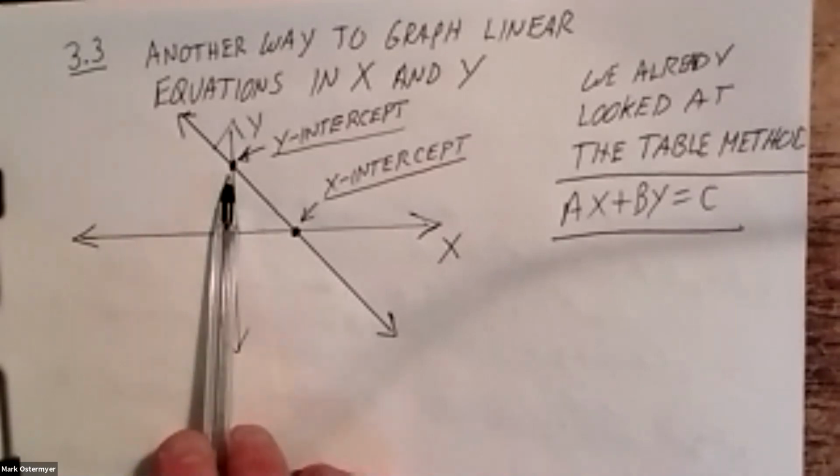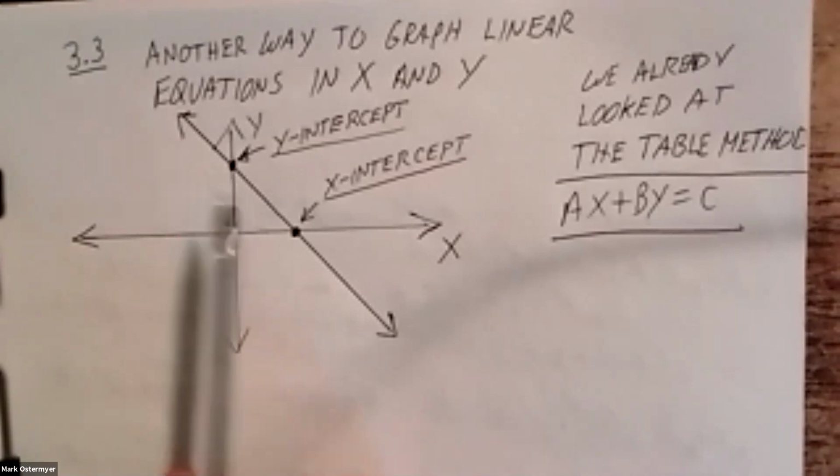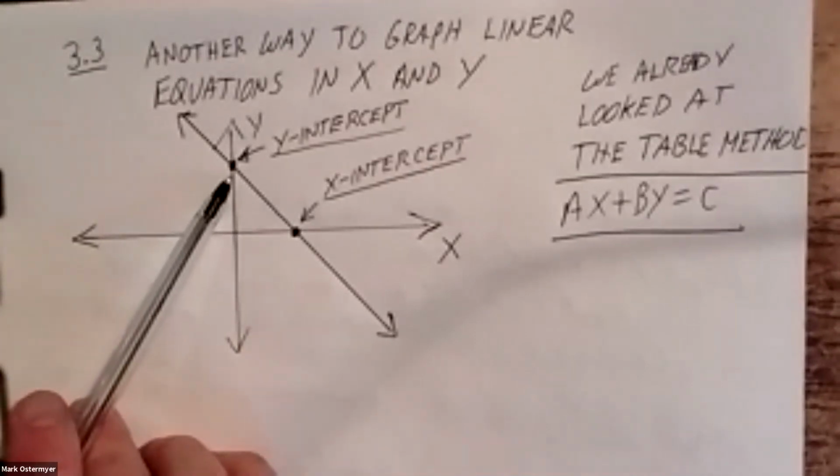Let's look at a y-intercept. Because a y-intercept is a point that lies on the y-axis, its x-coordinate must always be equal to what? Anybody want to guess as to what the x-coordinate of a y-intercept must always be equal to?